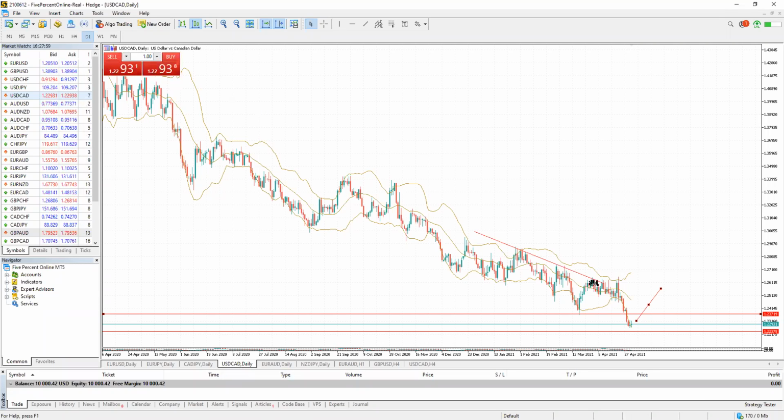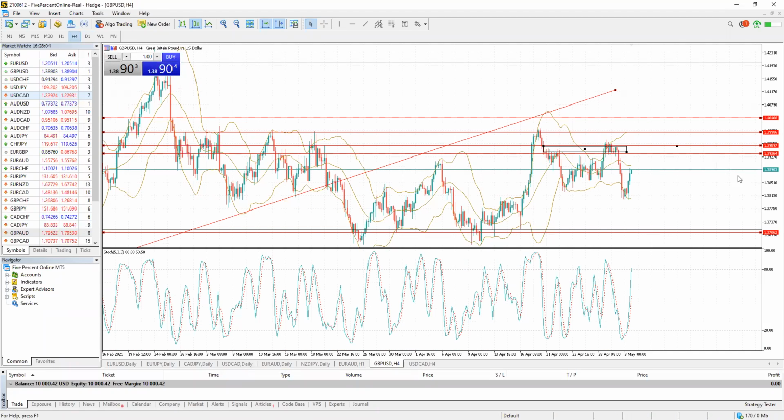Okay, so Melissa, I will take the GBP dollar, for example. So here we are waiting for a sell confirmation, let's say, if you want to enter short the market. When the price reaches this kind of rectangle, it depends. If I'm a swing trader, I will put an order here and let the price go down.